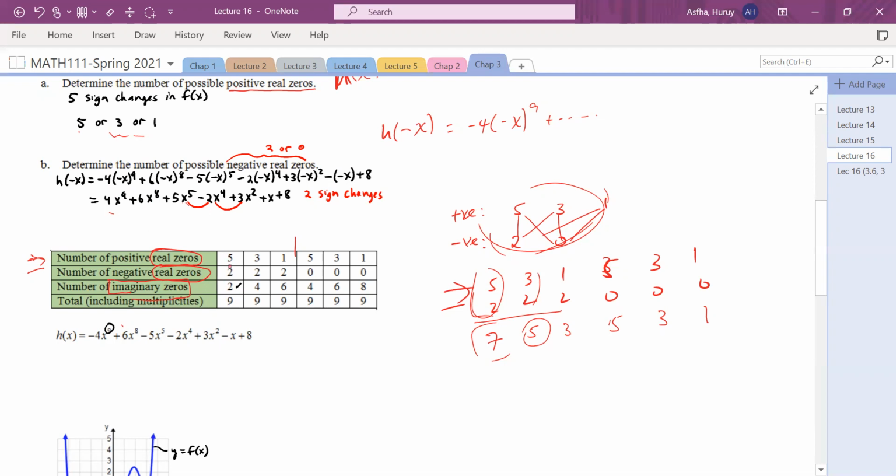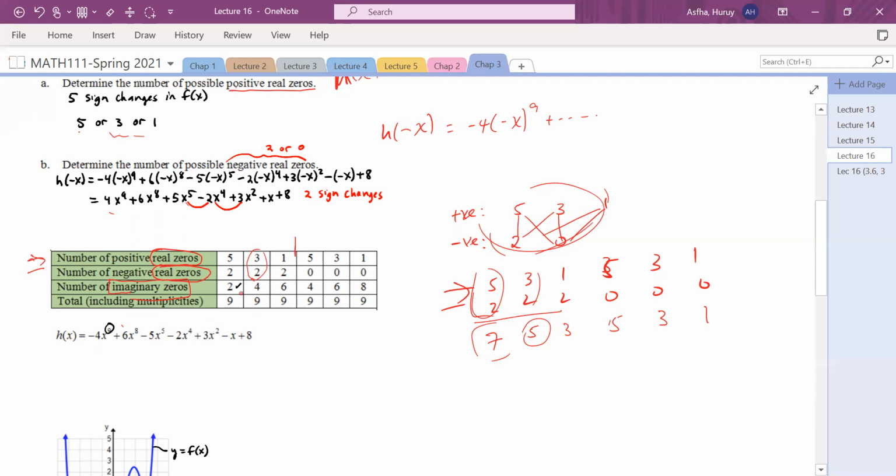So to make that 9, we know there are 2 imaginary zeros. So in total we will have 9 zeros, including the multiplicity. And if the possibility of negative and positive real zeros is 3 and 2, then that's 5. Therefore, we need to add 4 imaginary zeros so that we can have 9 in total, and so on and so forth.